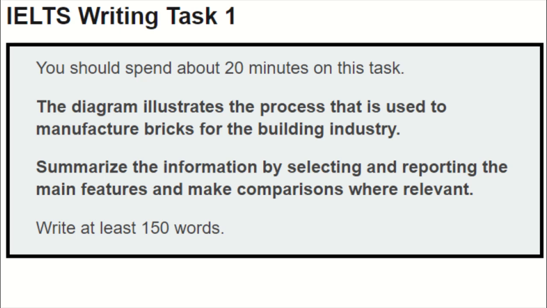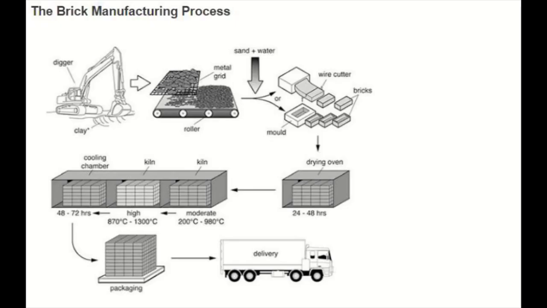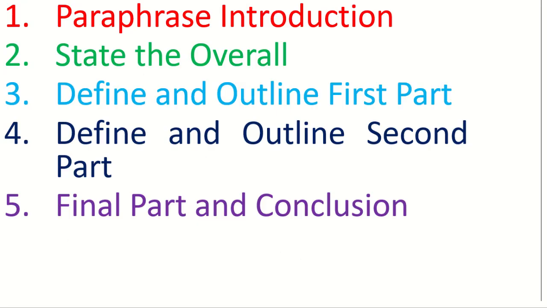Summarize the information by selecting and reporting the main features and make comparisons where relevant. Write at least 150 words. And then we see this is the brick manufacturing process. We have the digger, and what's being taken out is the clay. There's metal grit, roller, sand, water, mold, wire cutter, bricks, and so on.